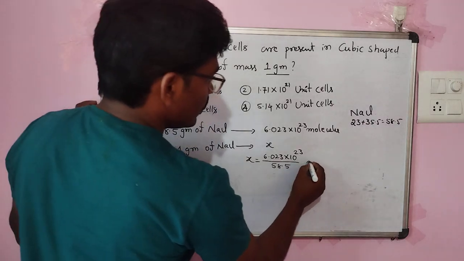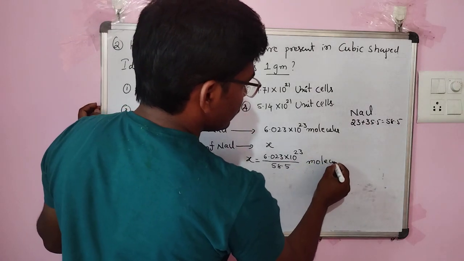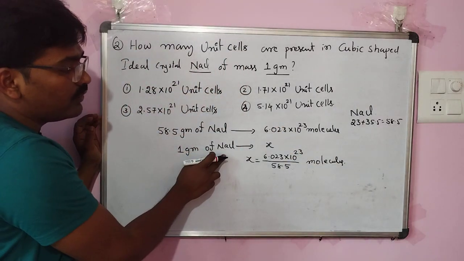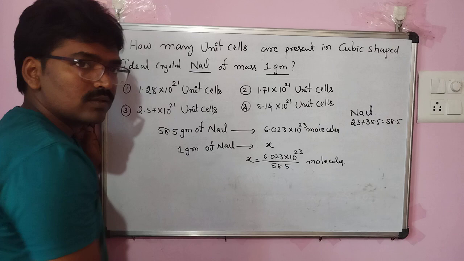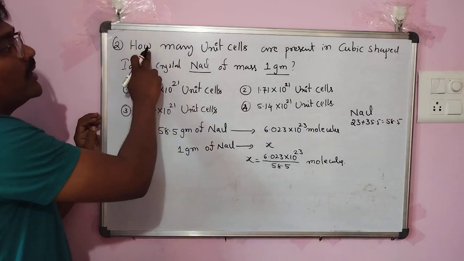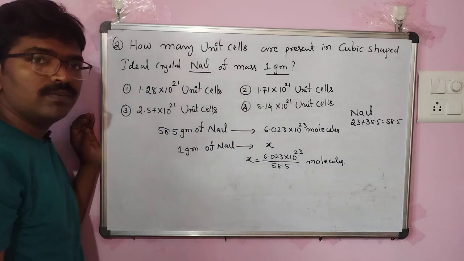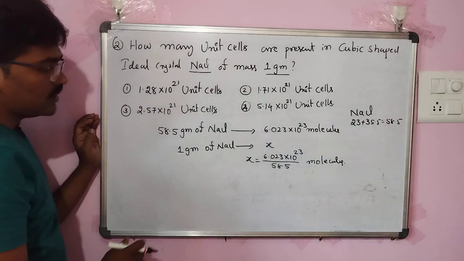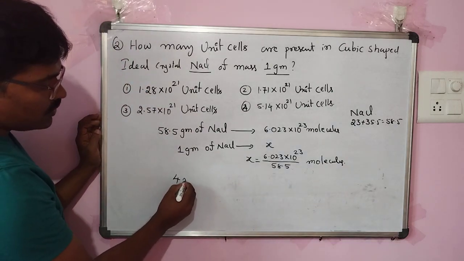These are the molecules. So 1 gram of NaCl contains this many molecules. But the question is, how many unit cells are present in 1 gram of NaCl? So here just take it, 4 molecules of NaCl.